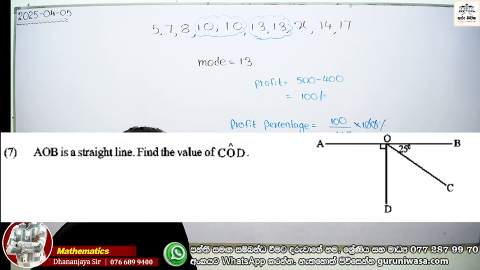Question number 7. AOB is a straight line and find the value of COD. Right, the middle one becomes 25 degrees. Now find the answer.